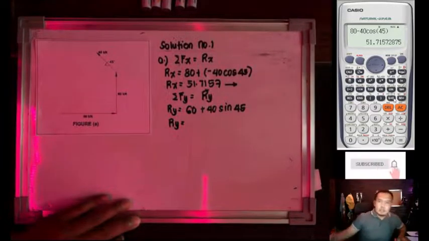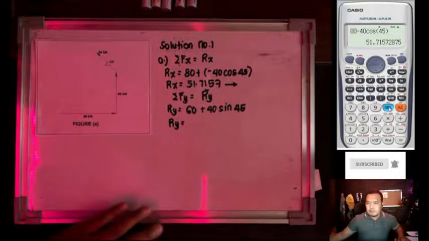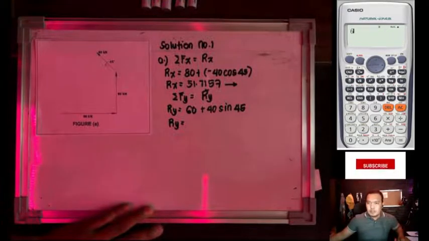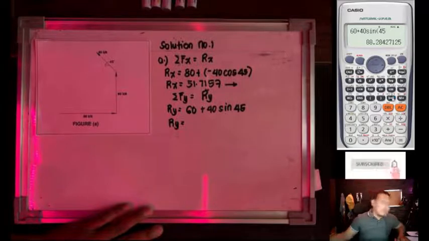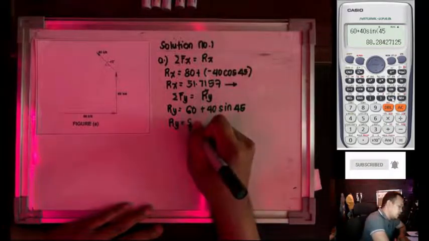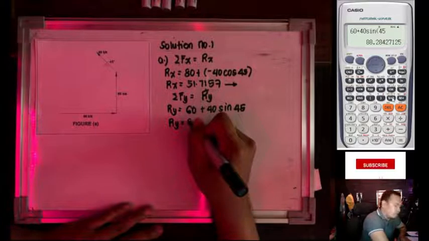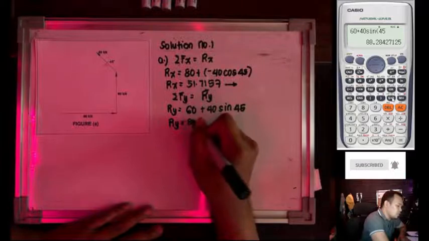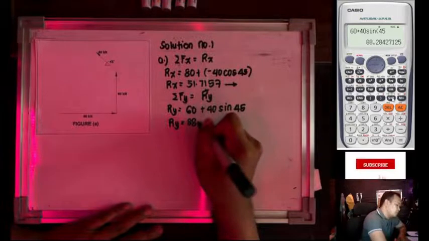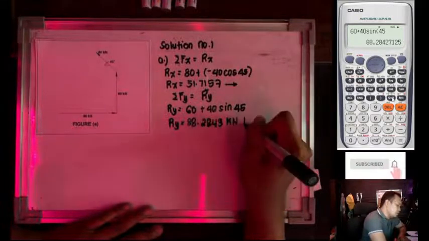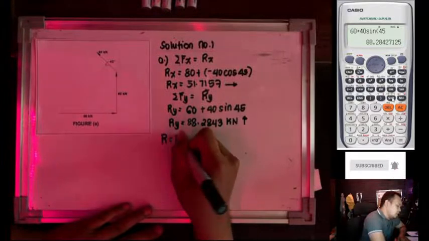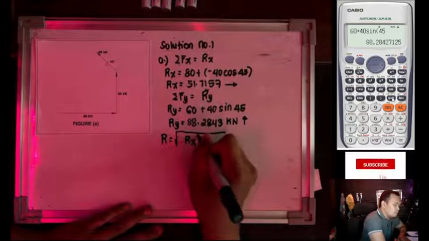Then we have 60 plus 40 sine 45. So we have here 88.2843 kilonewton going up. Therefore, the resultant is equivalent to the square root of Rx squared plus Ry squared.